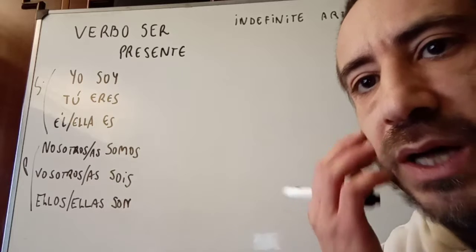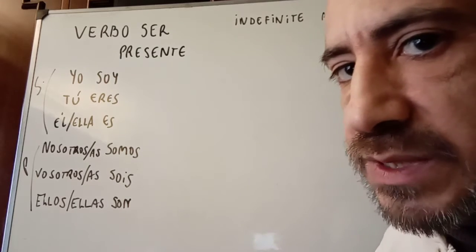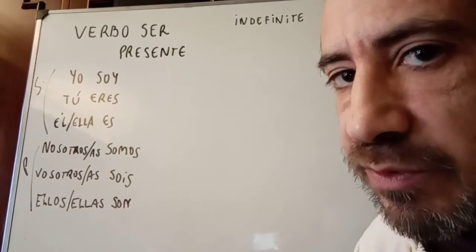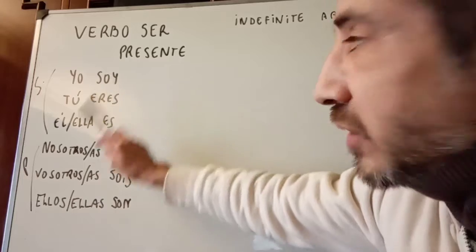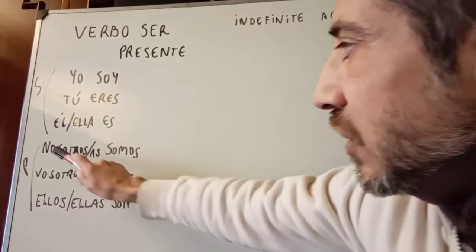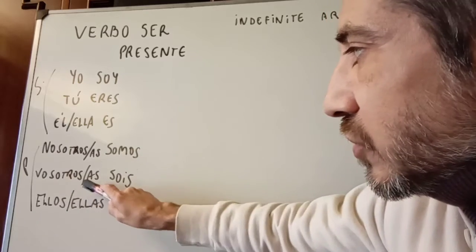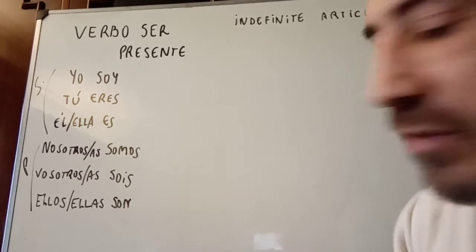But let's see ser. These are the forms in Spain. Yo soy, I say yo because I'm from Argentina, but in Spain it would be yo. Yo soy, tú eres, él, ella es, nosotros, nosotras somos, vosotros, vosotras sois, ellos, ellas son.